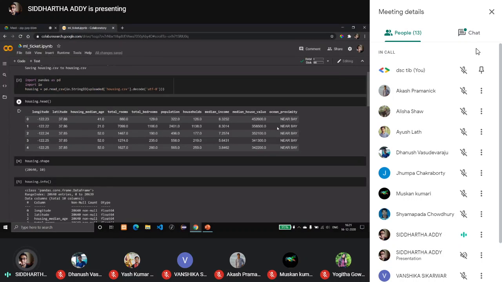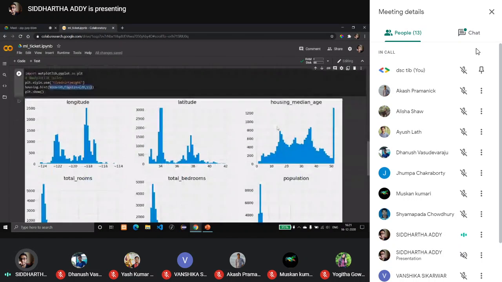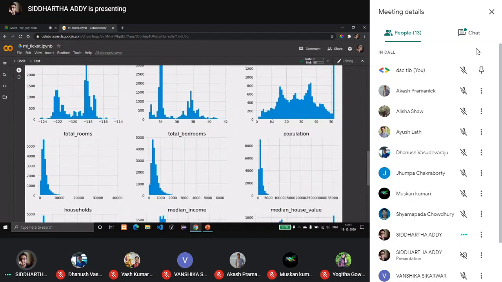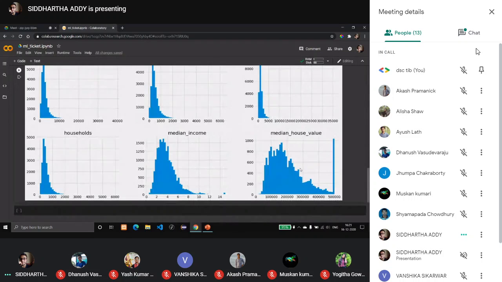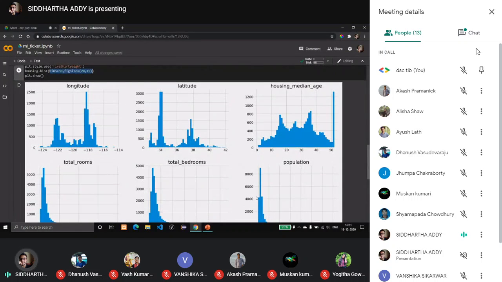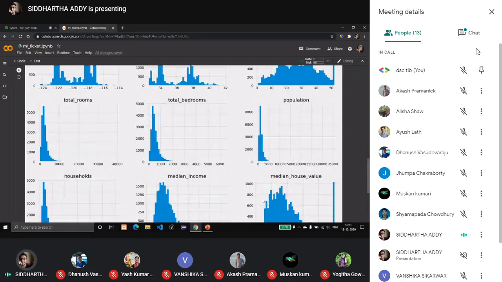So if I draw your attention here, can you see any graph named ocean proximity? I don't see any graph named ocean proximity. There are only 9 graphs, but there are 10 features, right? Then why is ocean proximity not here?